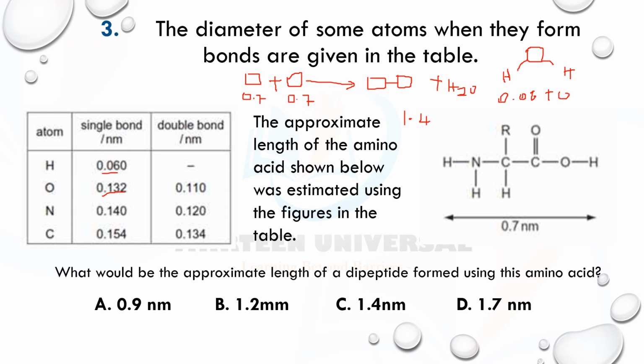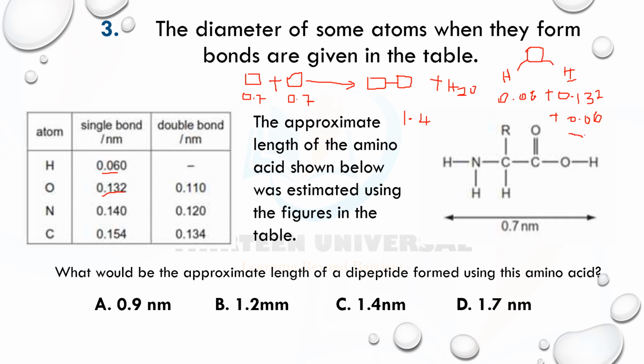Are you with me? Punch it. So 0.06 plus 0.132 quickly, plus this hydrogen again. So add hydrogen again, single bond, which is 0.06. By the time you add it up, that will give you what?